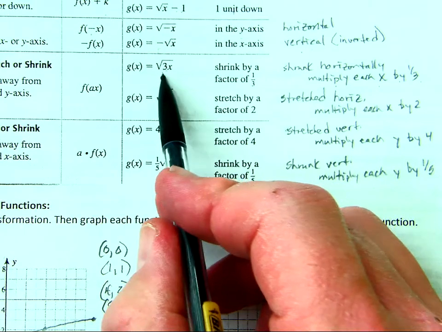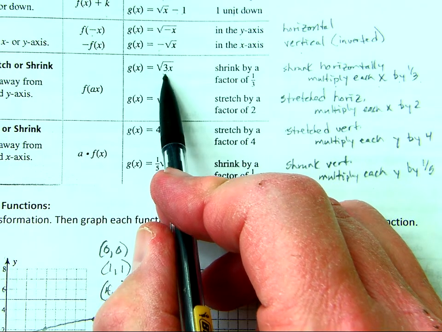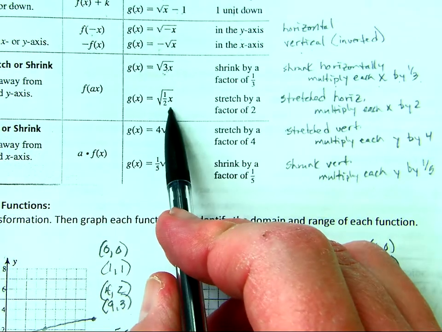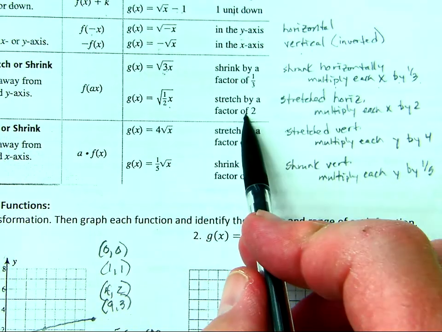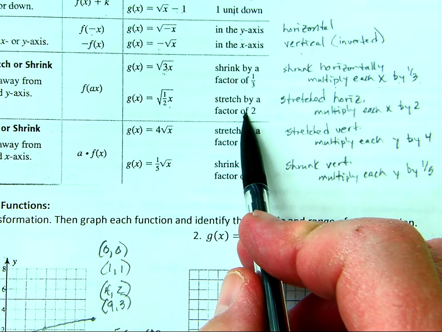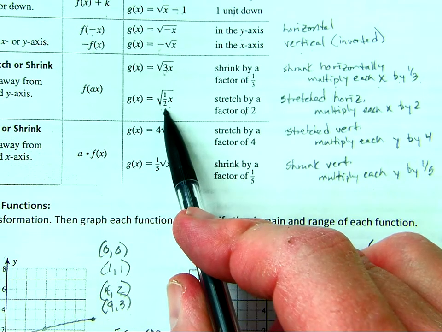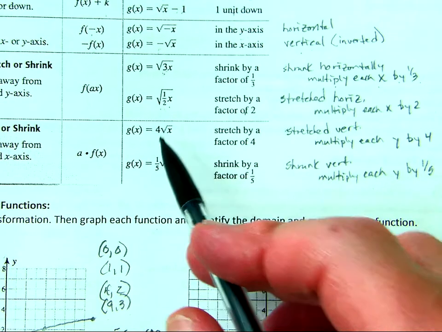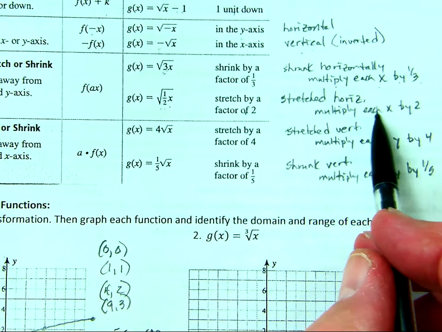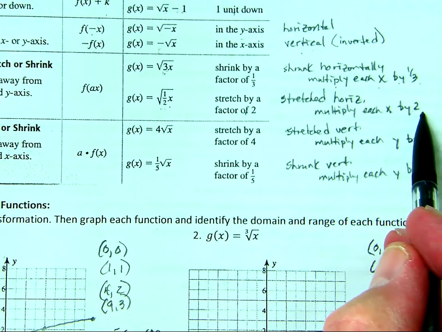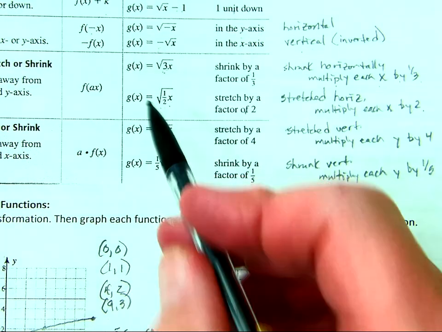So even though that's a 3, we think the reciprocal of that. If there's a fraction in there like 1/2, that's stretched horizontally by a factor of 2. Again, we think of the reciprocal. So there you'd multiply each x coordinate by 2. So it's kind of backwards of what you would think.